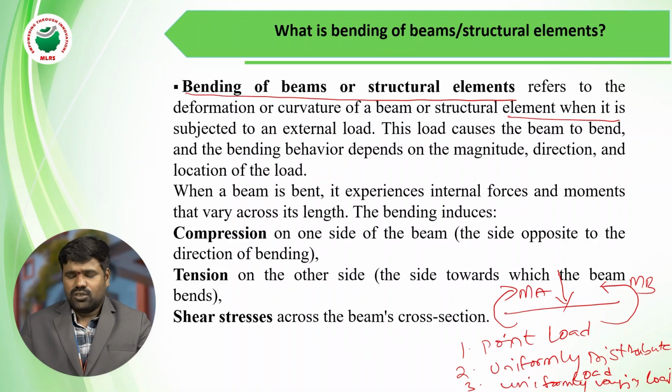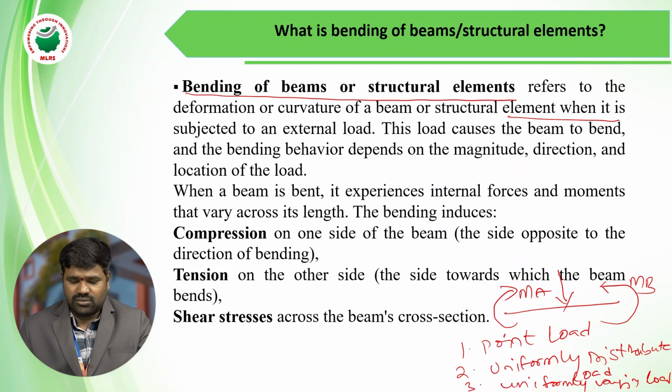These are the loads. For example, take one beam, with its magnitude, directions and location of the load. A beam is a horizontal structure. When a beam bends, it experiences internal forces and moments that vary across its length.